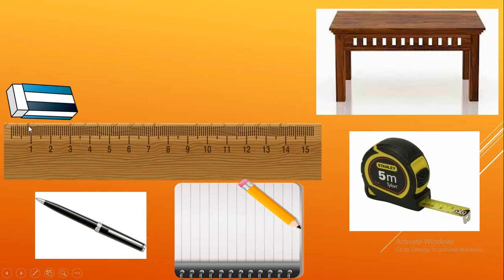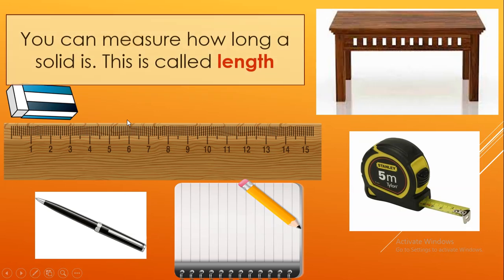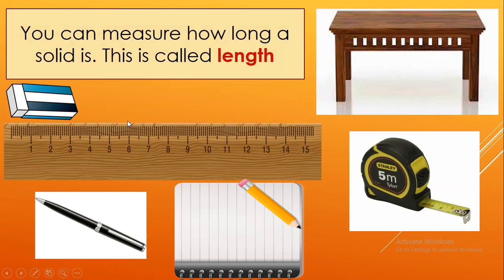Let's take this eraser for an example. 1, 2, 3. Its length is 3 centimeters. So again, you can measure how long a solid is. This is called length. We measure length with a ruler or a meter.